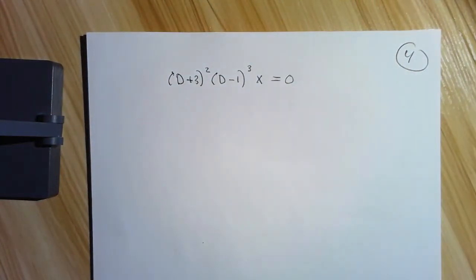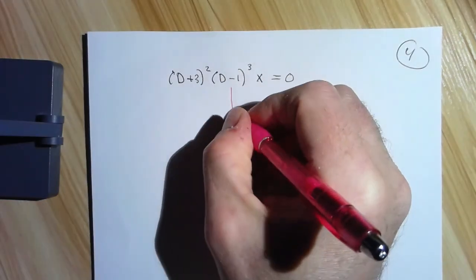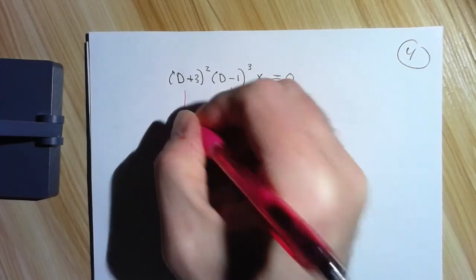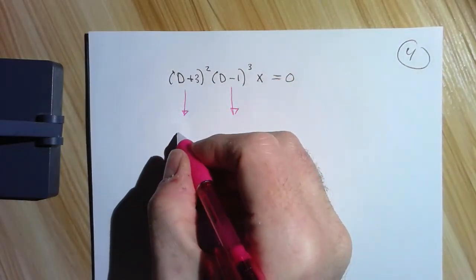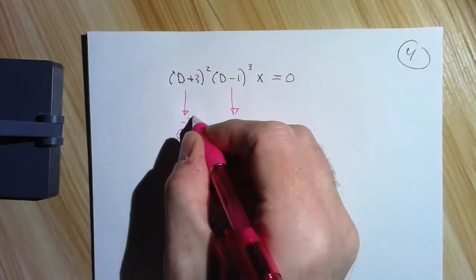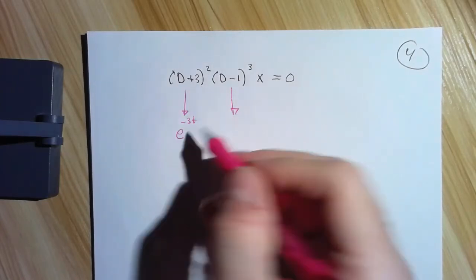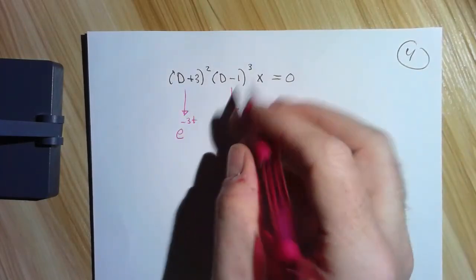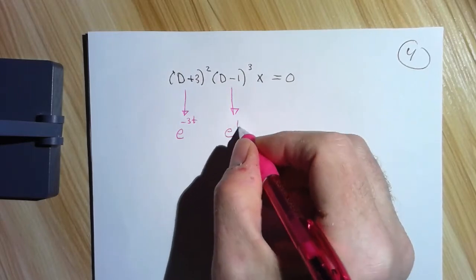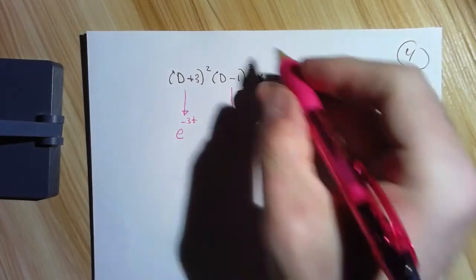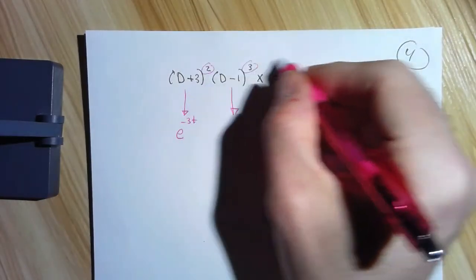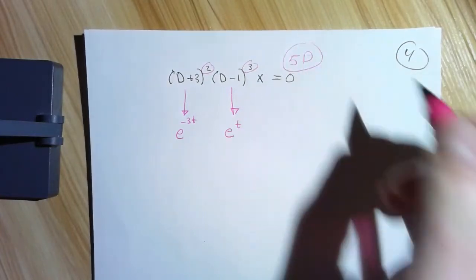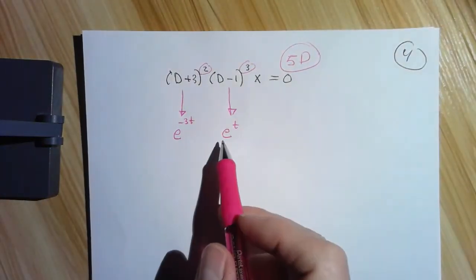So what's going on here? Well, each of these factors is going to give me some basis elements to start with. D plus 3 gives me an e to the minus 3t. D minus 1 gives me an e to the t. But that's not enough. The kernel is 5 dimensional. I only have 2 things.